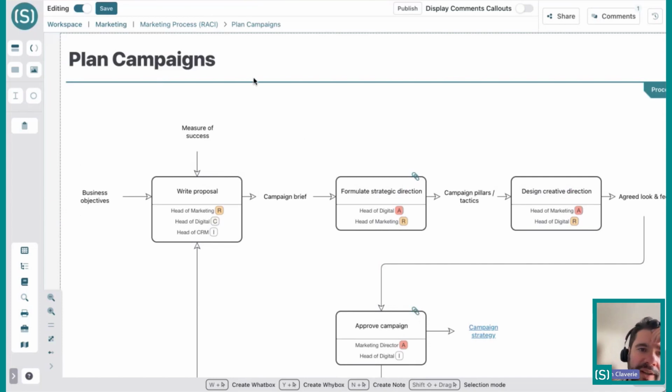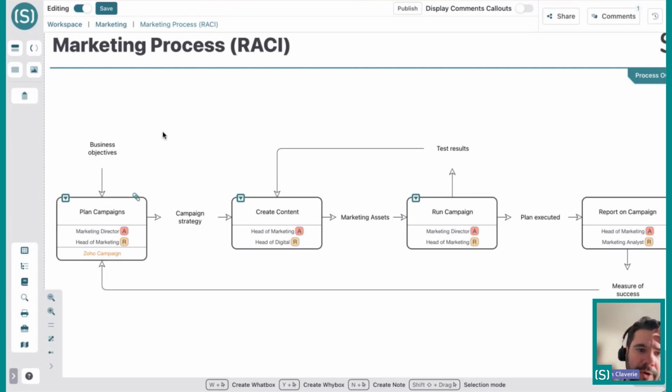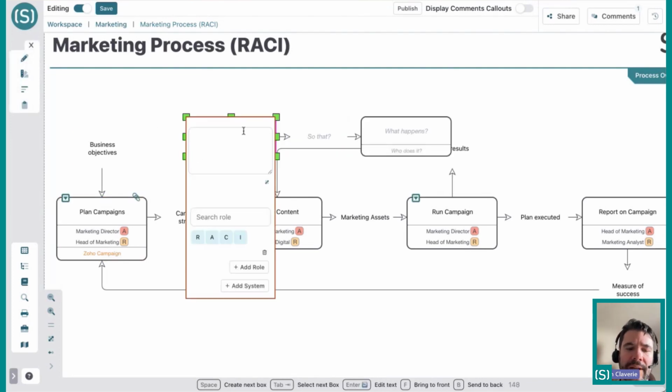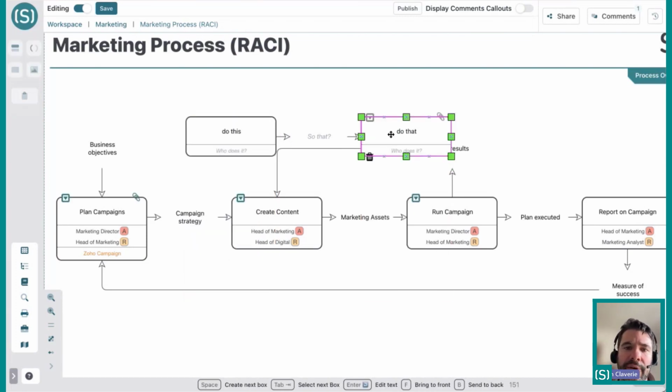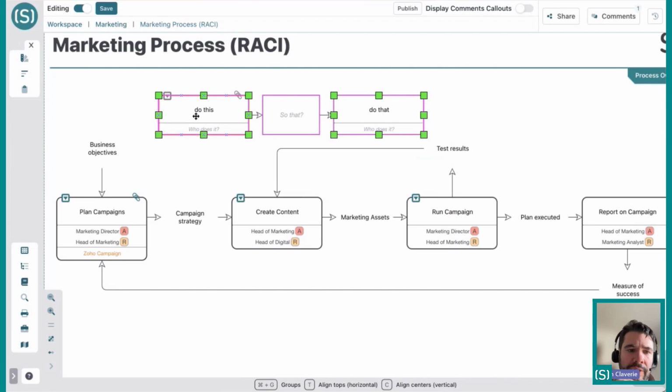What we usually recommend in Skore in general, not necessarily for RACI, is to first do a first pass in mapping the process, just the work that needs to be done, focusing on the what-happens part of the what box, the top part, leaving the who-does-it blank. So that you can have a first conversation which is really focused on what we need to get done as an organization.